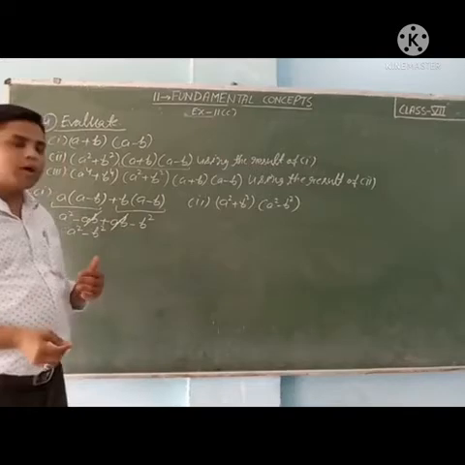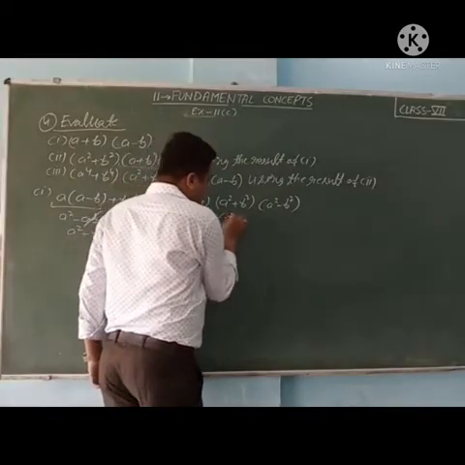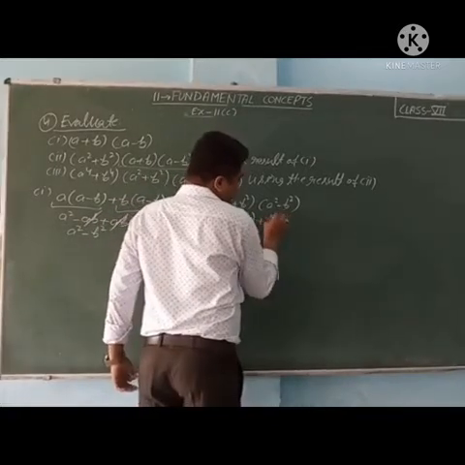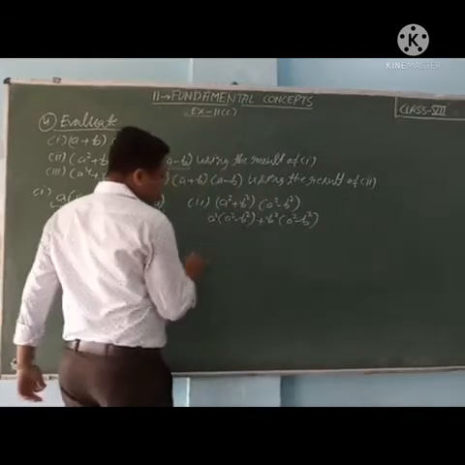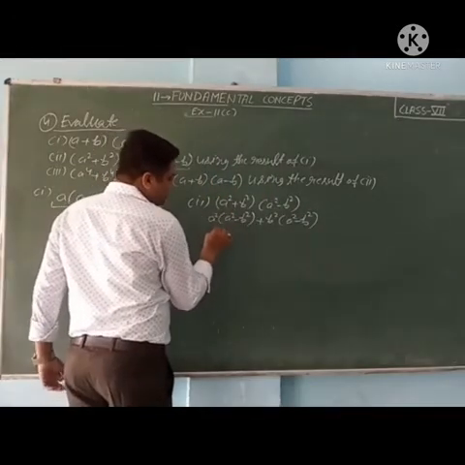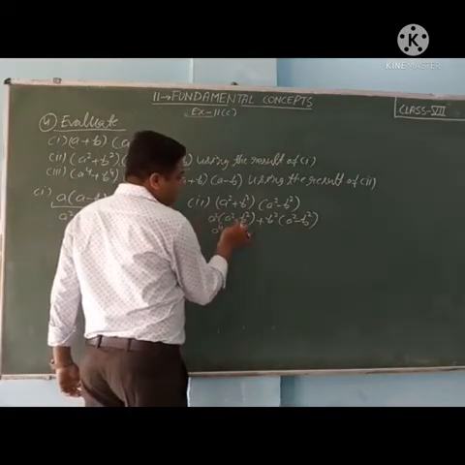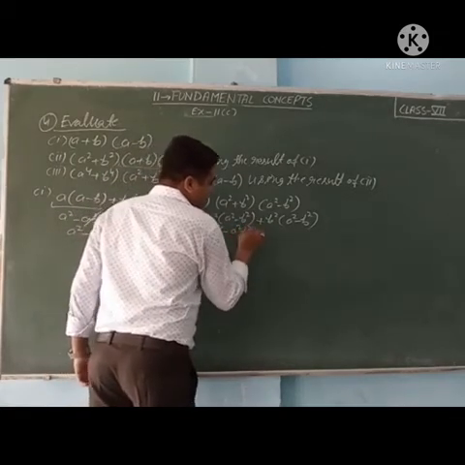So now we will do the multiplication. First is a square, then a square minus b square, then plus b square, then a square minus b square. So a square into a square, a raised to the power 4. Then plus a square multiply minus b square, plus minus a square b square.